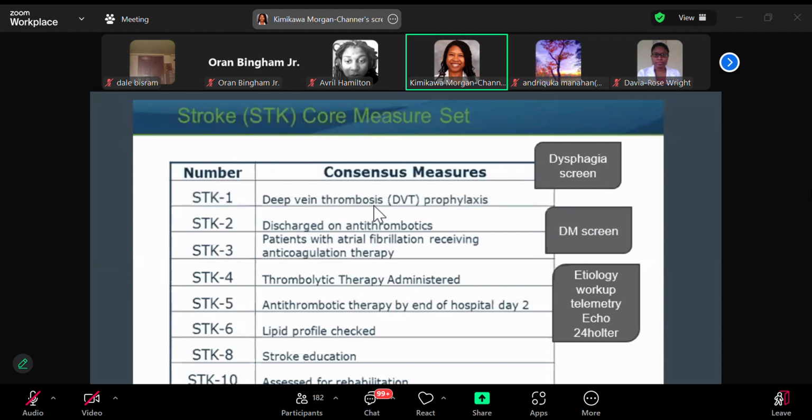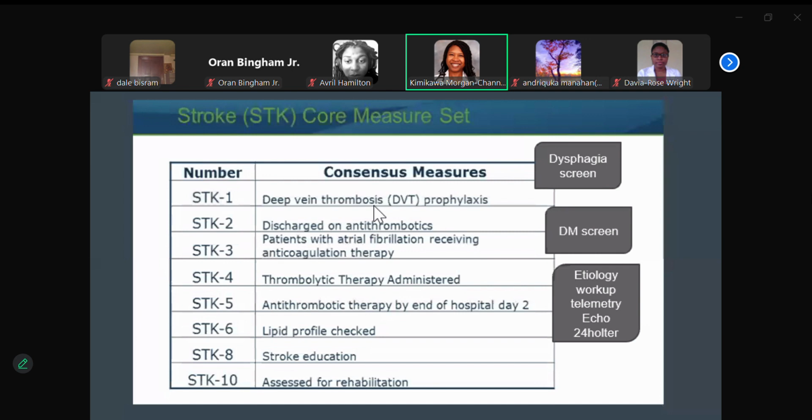You won't see a PFO with a regular transthoracic echo. Please, it's a transthoracic echo for all stroke patients, and to get the best, thorough echo is a bubble echo. All right. So this is a work-up to find out where did the clot come from.